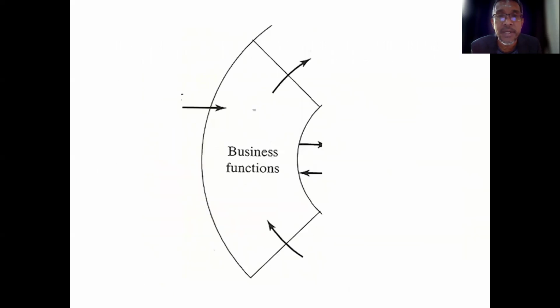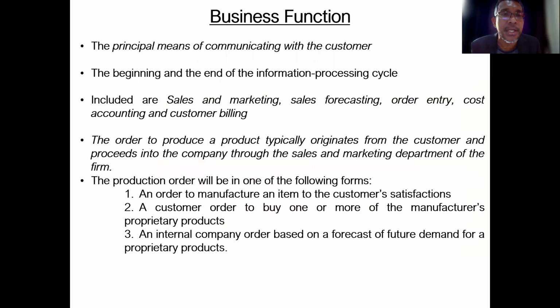This one is the business function, which normally is the beginning and the ending of the information processing cycle. Included are sales and marketing, sales focus, order entry, cost accounting, and customer billing inside the business function unit.